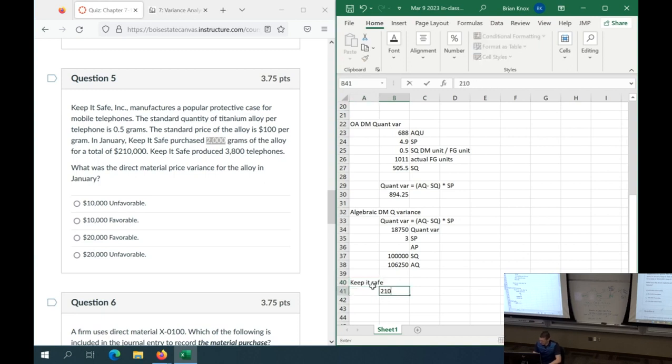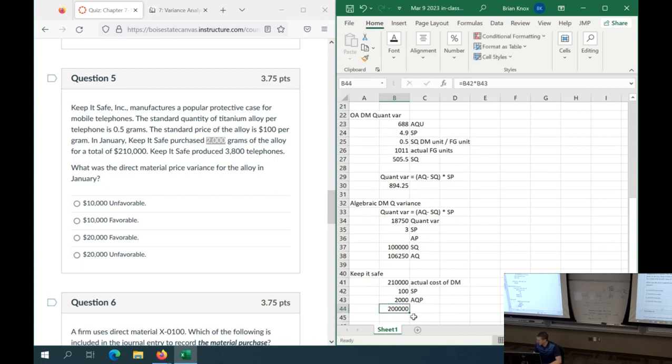We have $210,000 is the actual cost of the direct material. That's the rectangle on the far left. And we have standard price, and we have actual quantity purchased. So $200,000 is what we call the quasi-budget, because it's half actual, half budgeted.